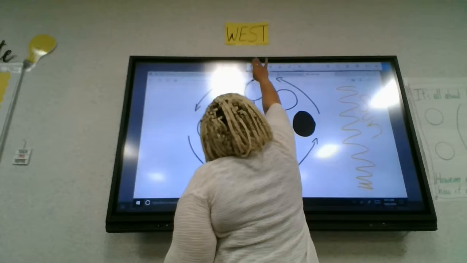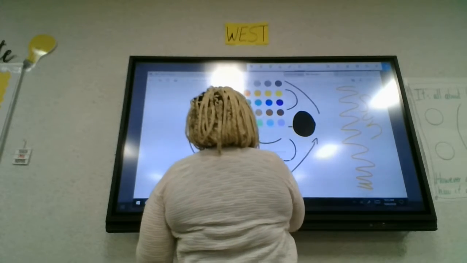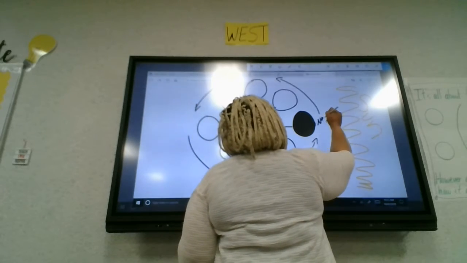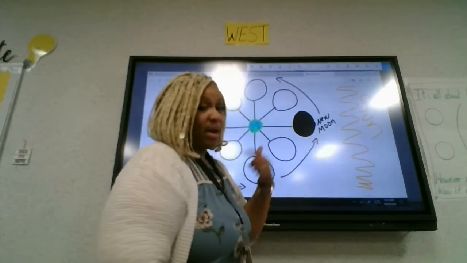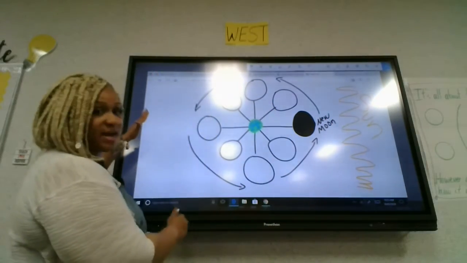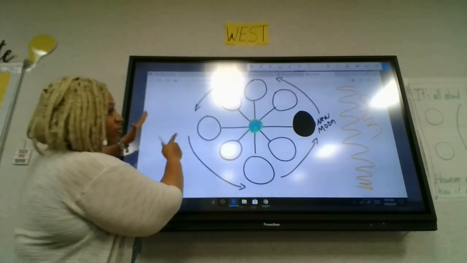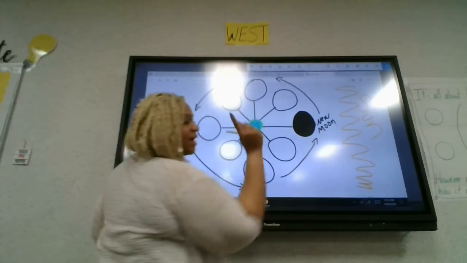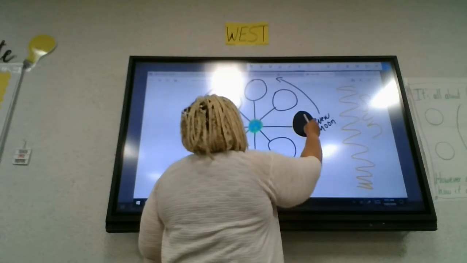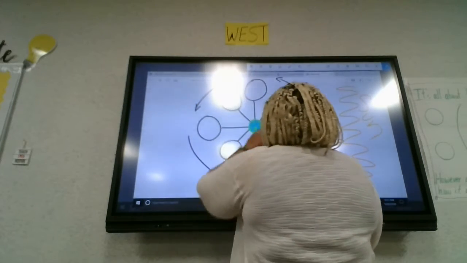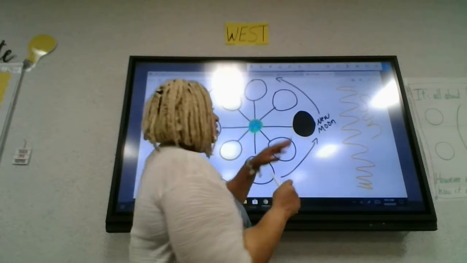So we have our new moon right there. And if the sun on my paper was over here, then I would say this is the new moon. Remember, the new moon always starts wherever the sun is on your paper.